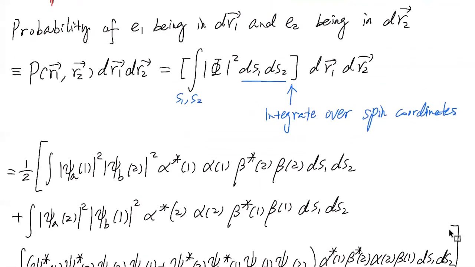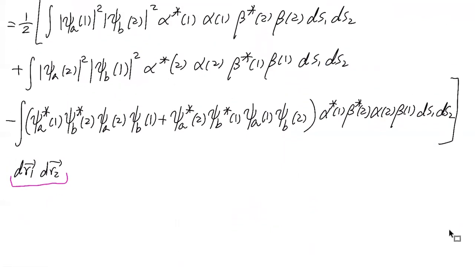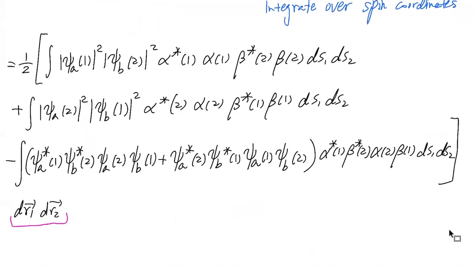Okay? Because you see here, we're first integrating over the spin coordinate, then don't forget to multiply by the volume element. So here we have the volume element. Now, this, of course, gives you 1, right? You integrate the first electronic spin coordinate.